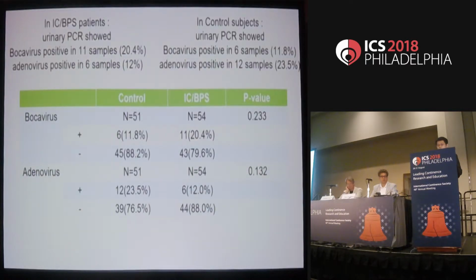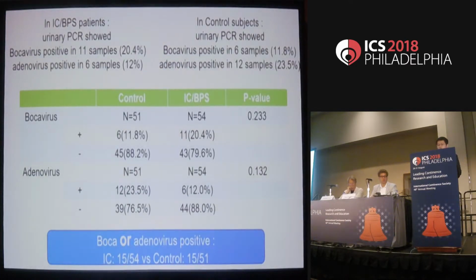In IC patients, the urinary PCR showed Boca virus positive in 20%, adenovirus positive in 12%, and in the control subjects, Boca virus positive in 11%, while adenovirus was 23%. And there was no significant difference. When we counted Boca virus together with adenovirus, there was also no difference between IC and control.